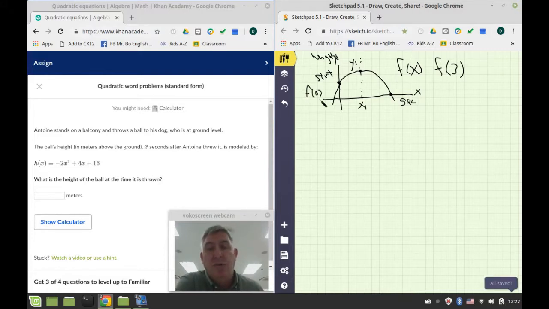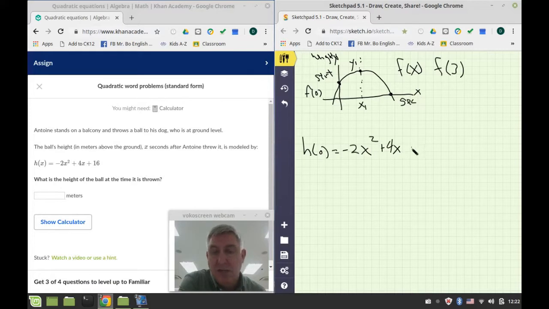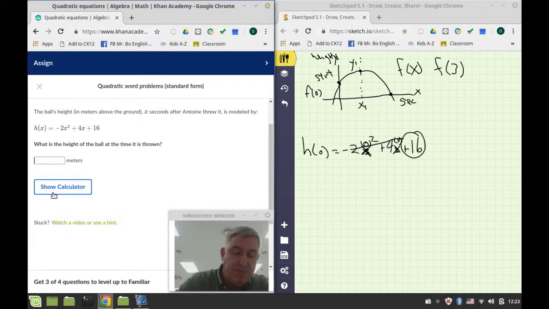In this case, it's h. h of 0 is equal to negative 2 x squared plus 4x plus 16, and then this x is going to be 0 squared, and this x is going to be 0, so we are left with 16. So this is the y-intercept, right? And I taught you before, c is the y-intercept. So we're at 16 meters.